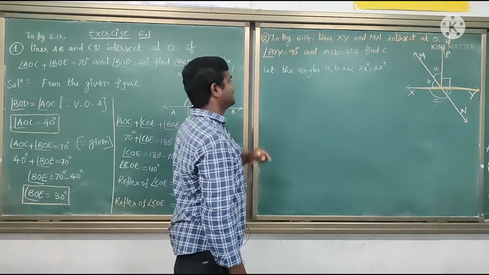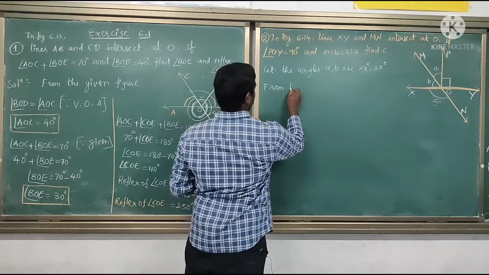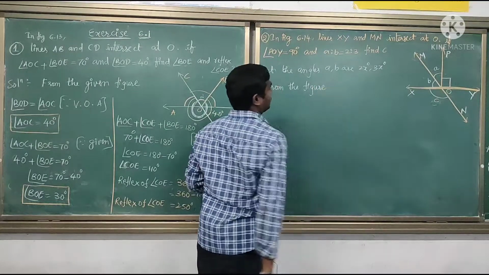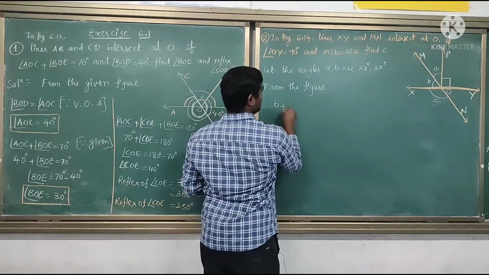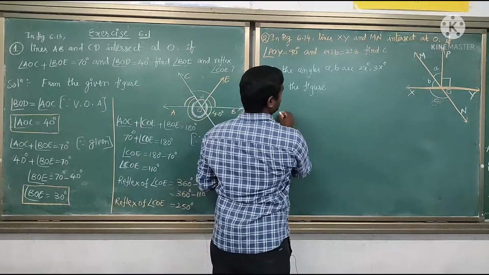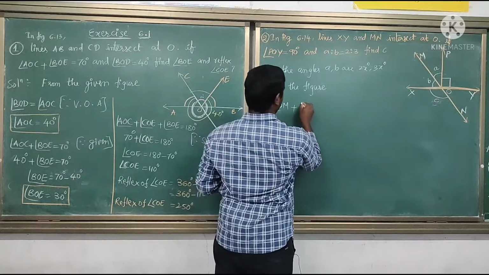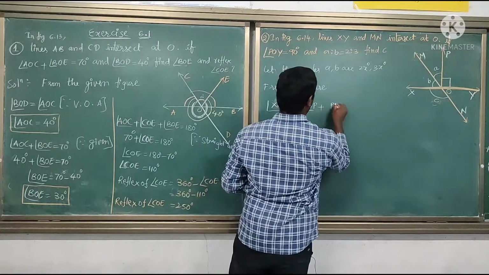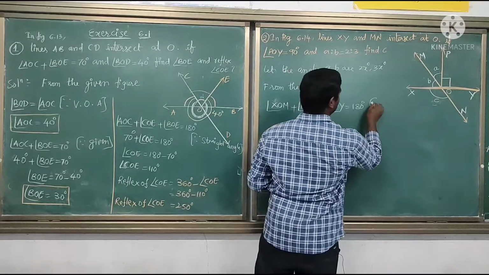Yes. Next, from the figure we can write that angle B plus, that is, angle XOM plus angle MOP plus angle POY equals 180 degrees, because those are measures of a straight angle.